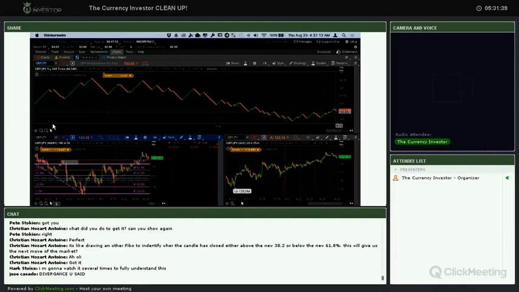Drop here first, and then retrace back up here, and then drop.